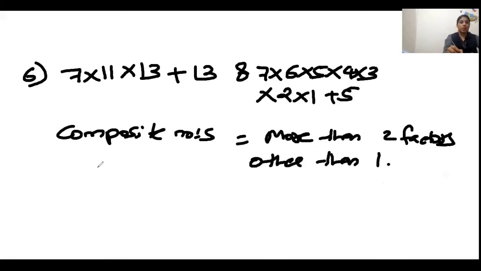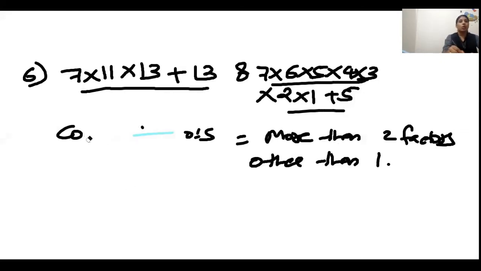Understood? So these are composite numbers. We can multiply this out and find the answer, then do the prime factorization, and then we will understand whether it is a composite number or a prime.